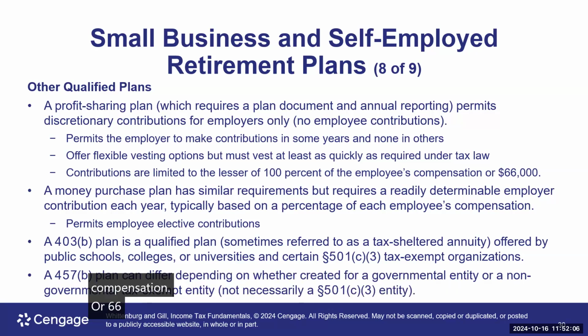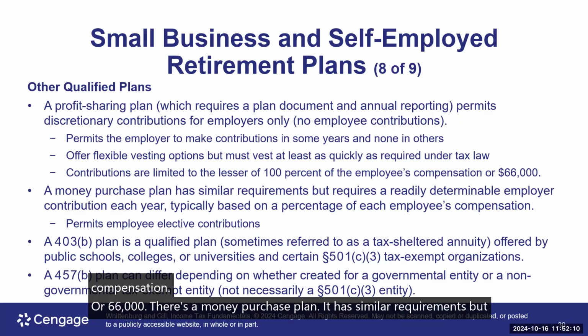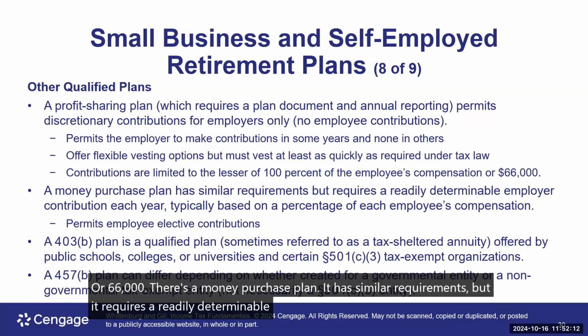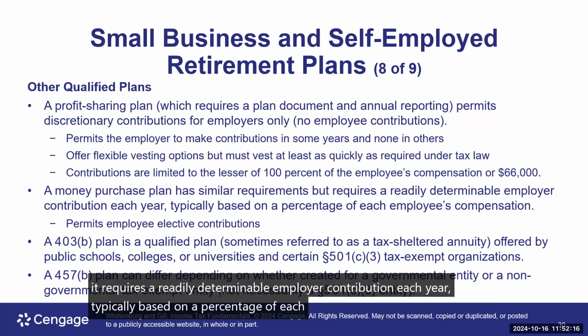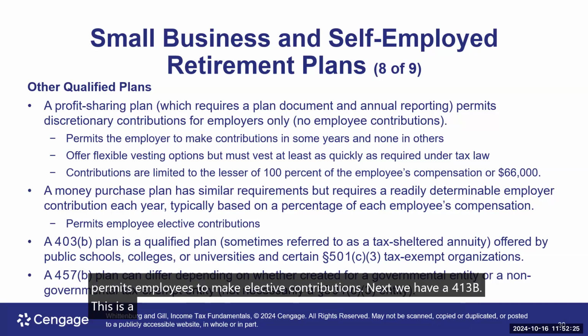There's a money purchase plan. It has similar requirements, but it requires a readily determinable employer contribution each year, typically based on a percentage of each employee's compensation. And this permits employees to make elective contributions. Next, we have a 403(b). This is a qualified plan, sometimes referred to as a tax sheltered annuity.